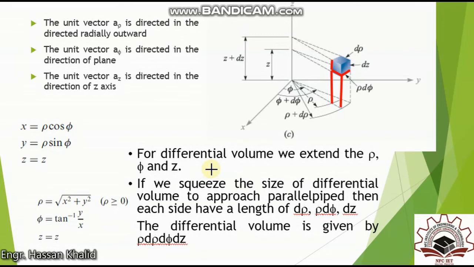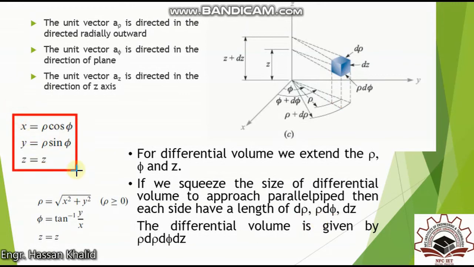So the overall differential volume will be the multiplication of all these three sides, which will be rho d rho d phi dz. One thing more: each of these three terms can also be seen as the side lengths, or the areas of those sides.